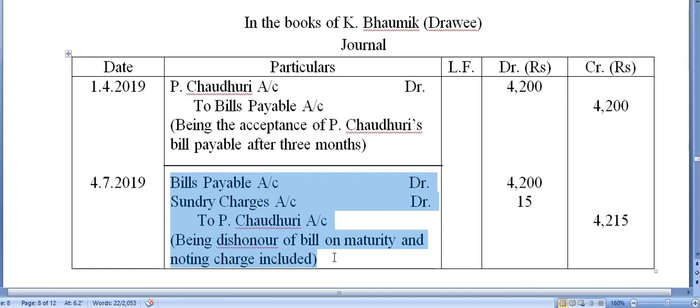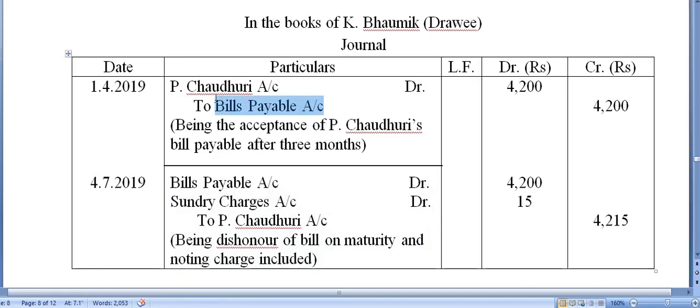What you will write here is bills payable, because bills payable was on the credit side before. When you do the reverse, bills payable will come towards the debit side. P. Chowdhury was on the debit side before; now when you do the reverse, P. Chowdhury will come towards the credit side.